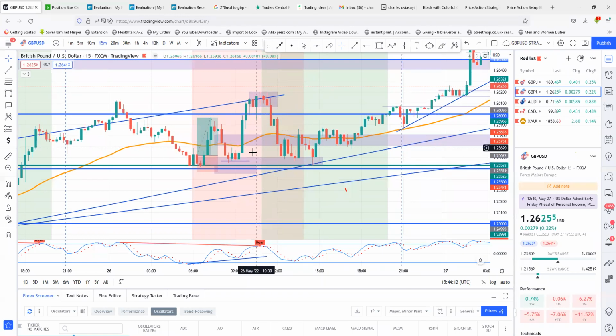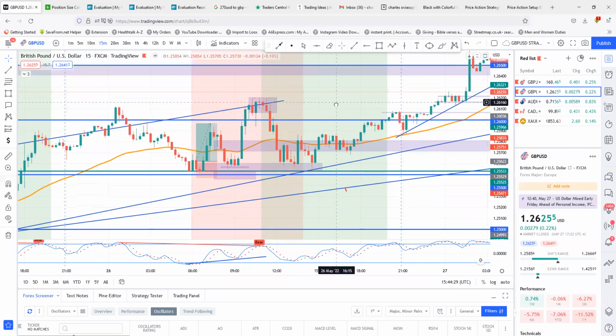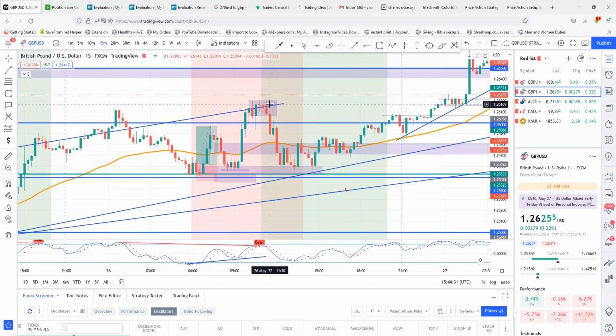Now, if peradventure you didn't wait for the retest, you get in. Where? Here. Because price had already rejected 1, 2, 3. But you may say, oh, price was going to retest and push back up. Maybe, maybe not. The question is, what do you have to lose?